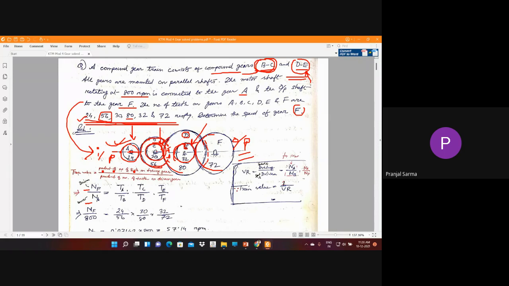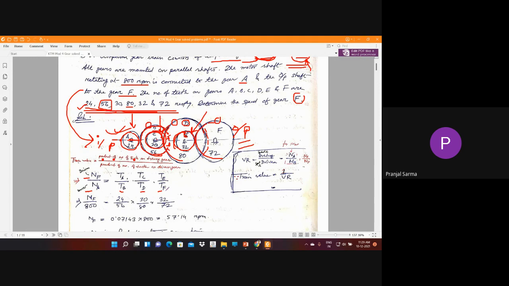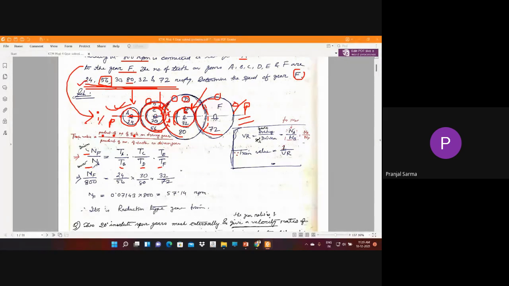A is driving B, so B is driven. From C we are getting the motion on D, that is it is driving D, so D is once again driven. And E is driving F, so F becomes driven. So divided by TB into TD into TF. Okay. Now the rest is just simple. We need to find out the speed of gear F, and that is the only unknown that is there.